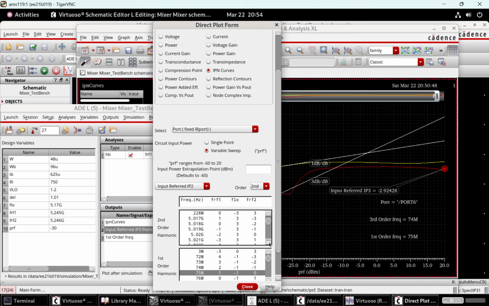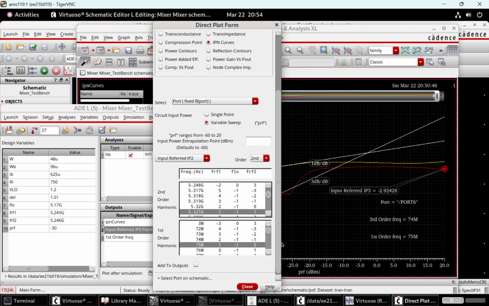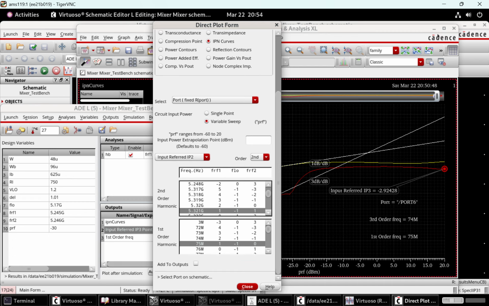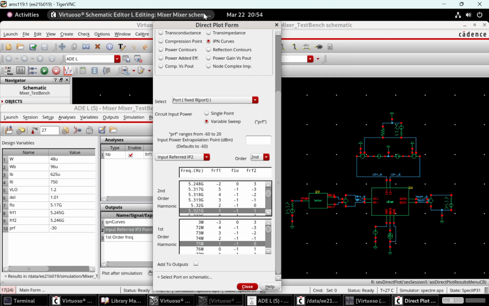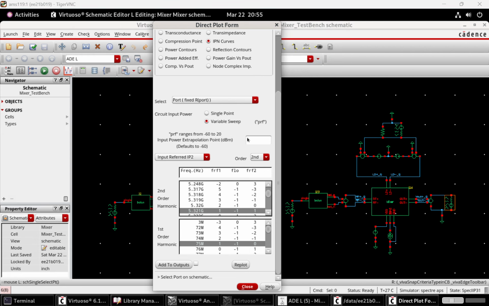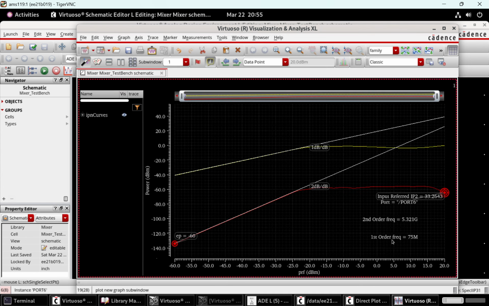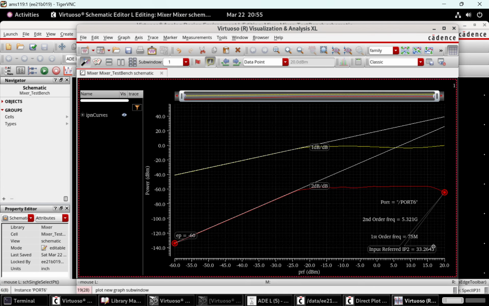And ensure that you keep the same FLO value, that is -1. That is this frequency. So once you pick this, you can plot the IM2 as well. So I'll plot the IM2 now. So this is the IM2, and this is greater than the 30 dB specification.